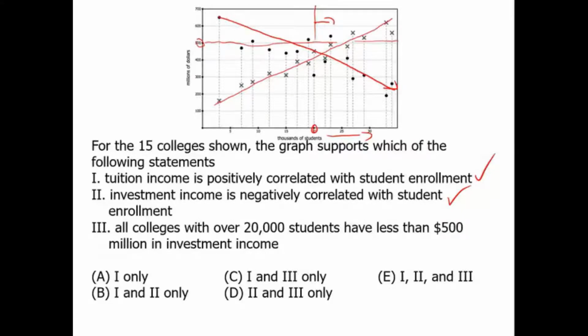Investment income is the dots, and most of the dots are below that line, but there's this one dot here that is clearly more than $500 million from this college that has more than 20,000 students. So we can't say all. All is not correct. So statement number 3 is not supported, but statements number 1 and 2 are clearly supported. Answer choice B.